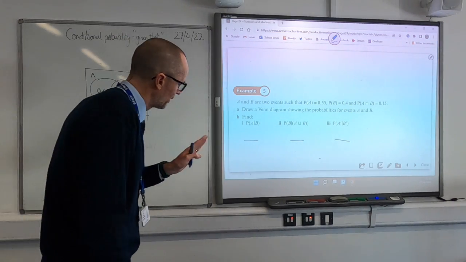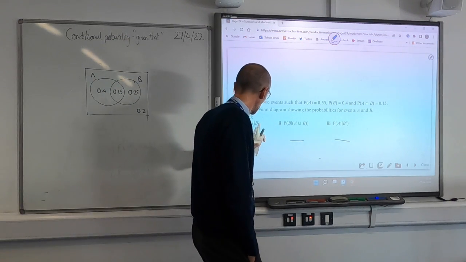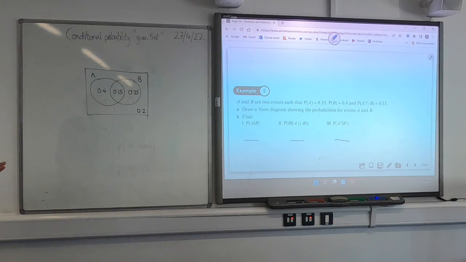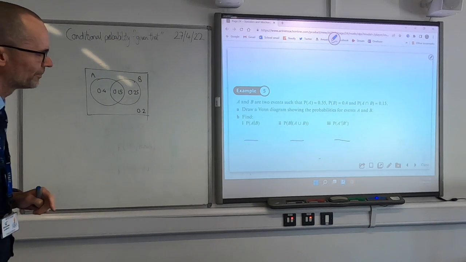So remember, with the given sign, the right-hand side will give you a denominator, the left-hand side the numerator.